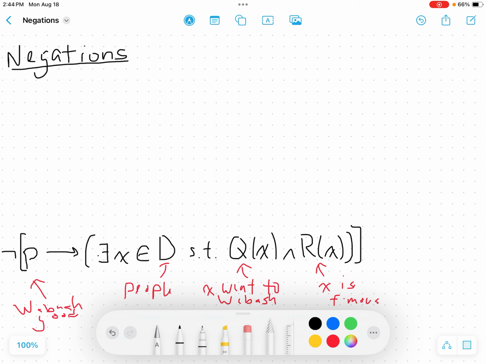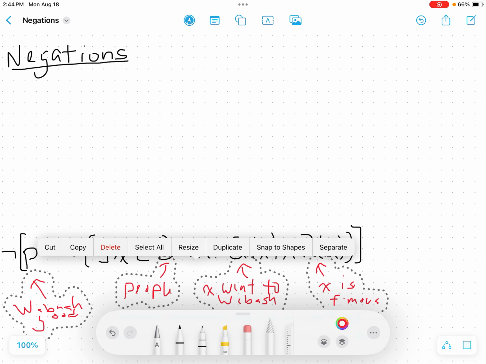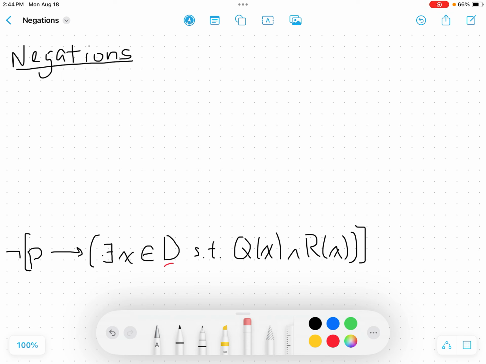And again, the nice thing about math is that we can ignore all of this individual meaning and just focus on the expressions, figure out how mathematically to negate them, and then go back and reinterpret that based on the context that we decided on.